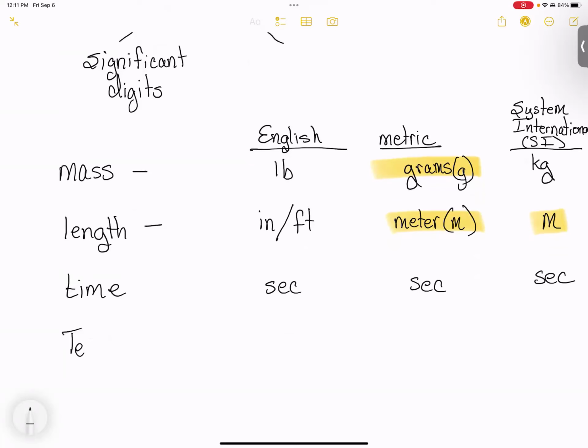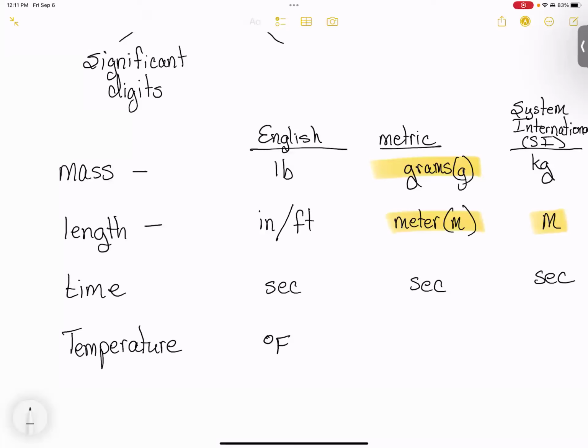Temperature, however, does change. In the US, when you watch the news, the weather is reported in degrees Fahrenheit.